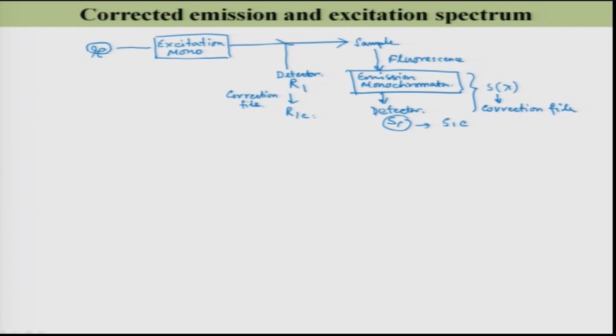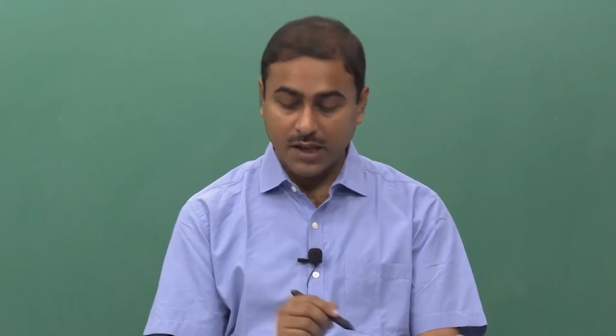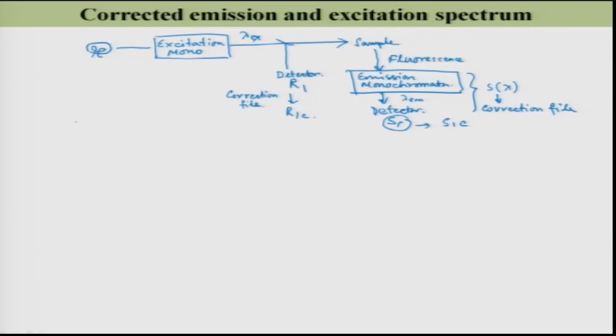Having said that, let us see, when you want to measure the emission spectra, which signal you should get. Here lambda excitation is selected, and here is your lambda emission. The emission spectra means the plot of intensity as a function of wavelength for a given value of lambda excitation.